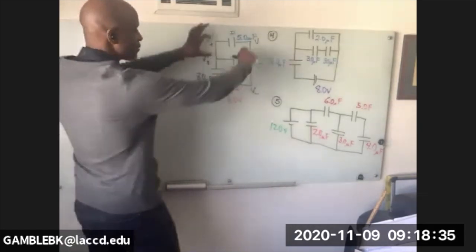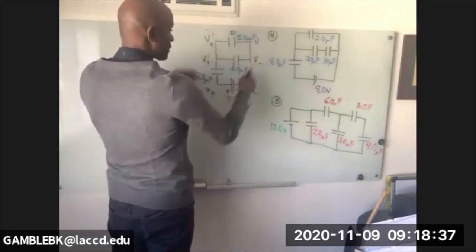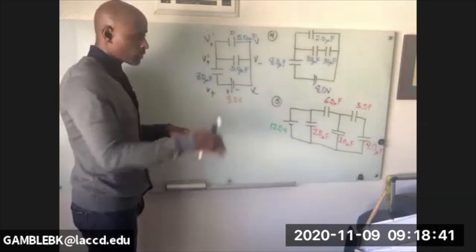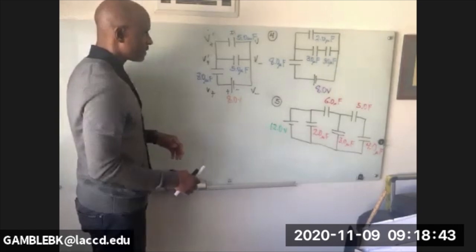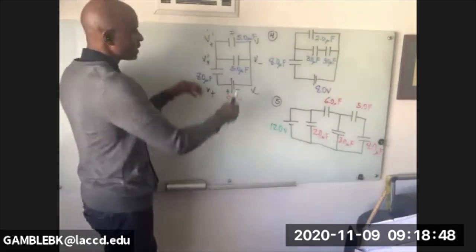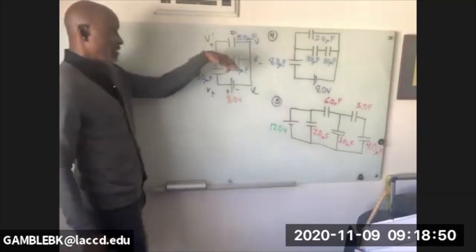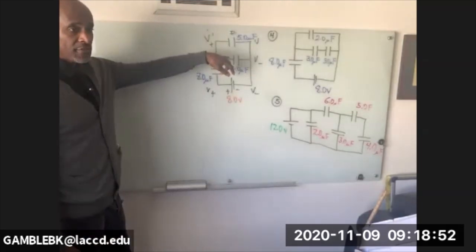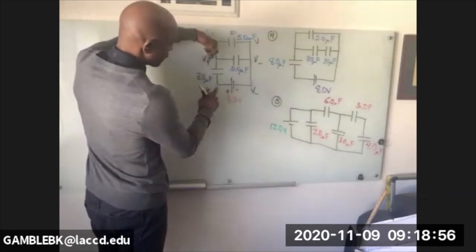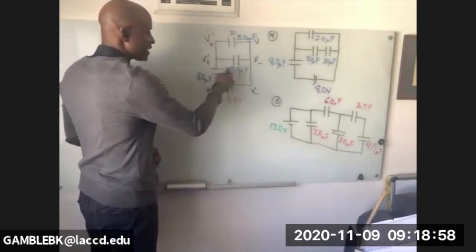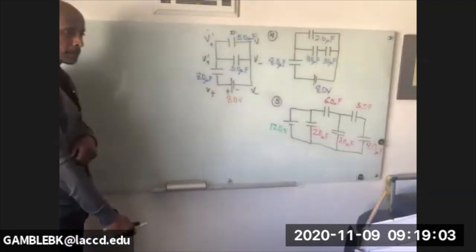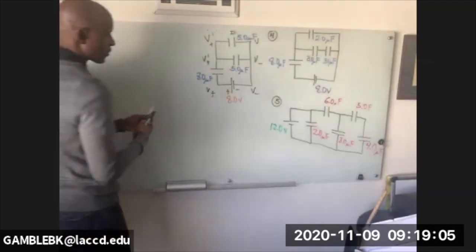Because these two have the same voltage drop across them, namely V plus prime minus V minus, the magnitude is the same on each of these. That means these two are in parallel, because they have the same voltage drop across them. And that voltage drop is different from the voltage drop across this. So this guy is in series with all of that. So if you redraw it, you can see it.